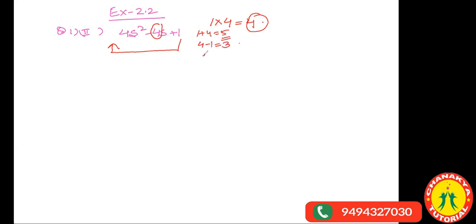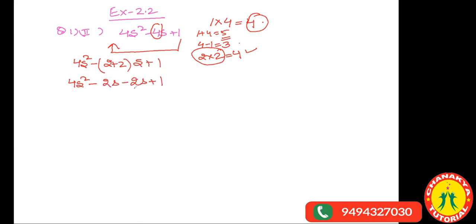So now take another factor. 2 and 2 make 4, so when you add 2 and 2, you get 4. So just write it like this: 4s square minus 2 plus 2 into s plus 1. Now open the bracket. 4s square minus 2s minus 2s plus 1. Now, in between the first two terms, what will be our common factor?